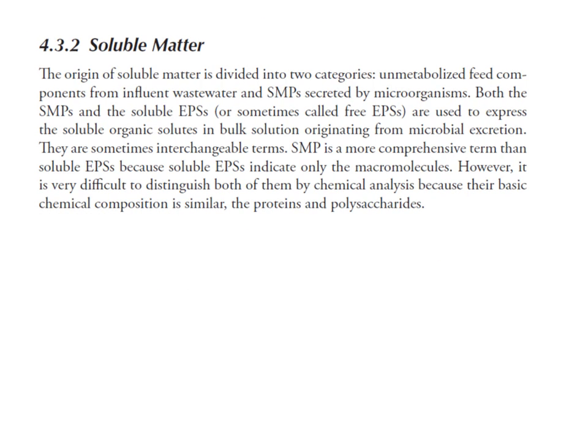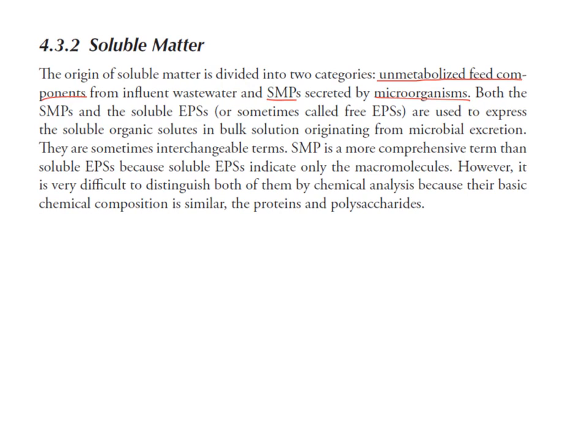The origin of soluble matter is divided into two categories: unmetabolized feed components, which originate from the influent wastewater, and SMP produced by microorganisms. Both SMP and soluble EPS are used to express the soluble organic solute in bulk solution originating from microbial excretion.